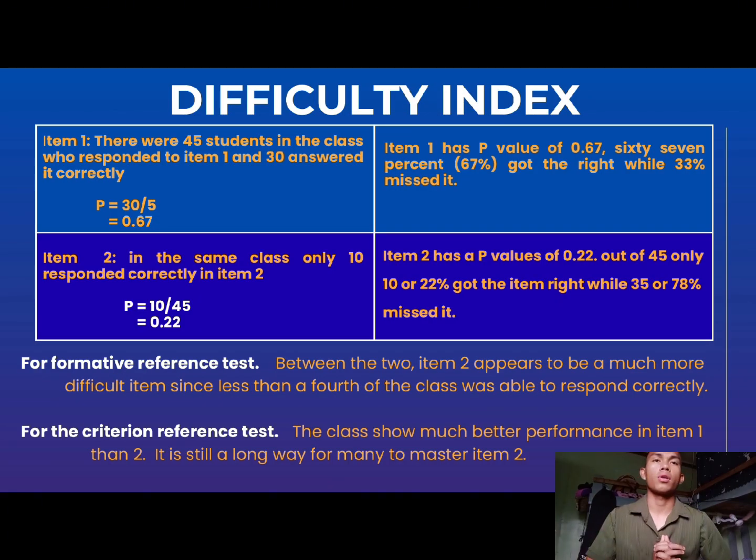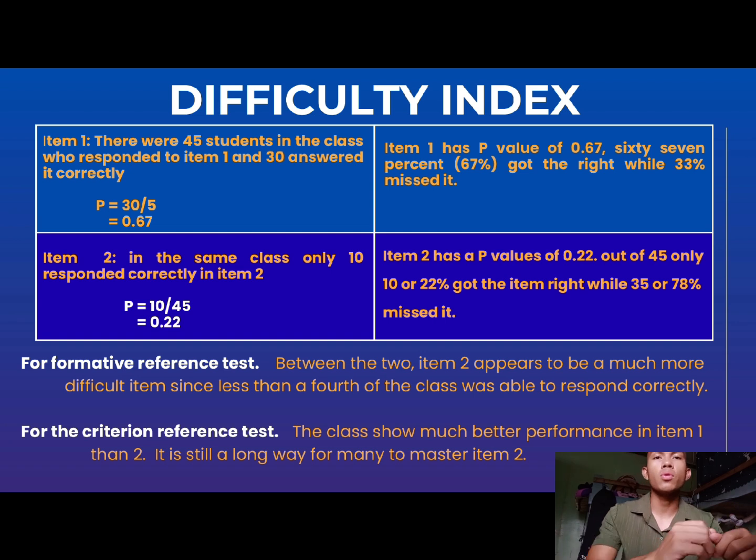Let us look at the example of the difficulty index. For item 1, there were 45 students who answered and 30 got it right. So the formula gives us P equals 30 over 45 equals 0.67. This means that 67% of the class answered it correctly, while 33% missed it.